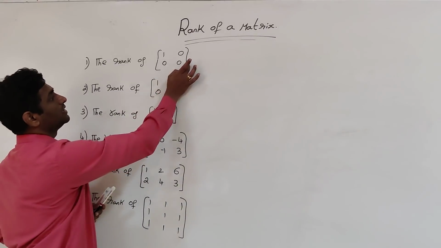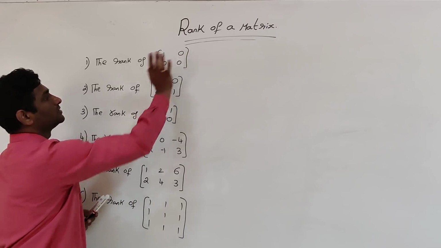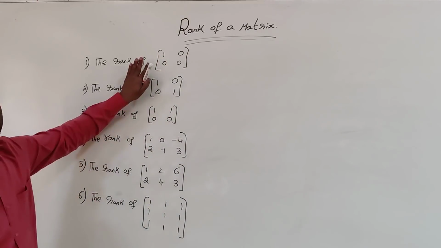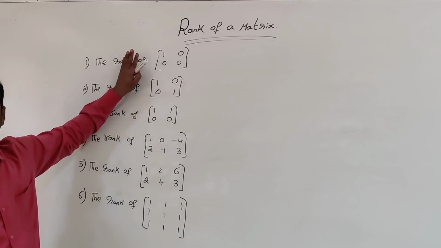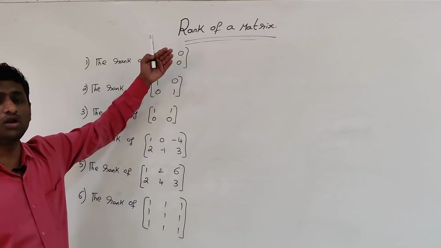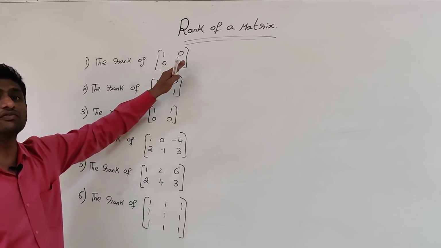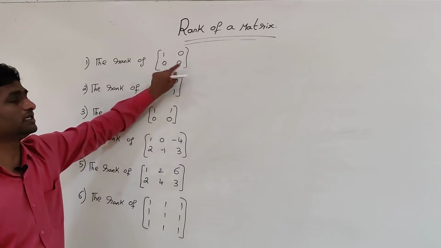Now, using this definition, what is the determinant? 1 into 0 minus 0, so 0, which is a singular matrix. Now we have to go for all 1 by 1 square submatrices, because it is a 2 by 2.